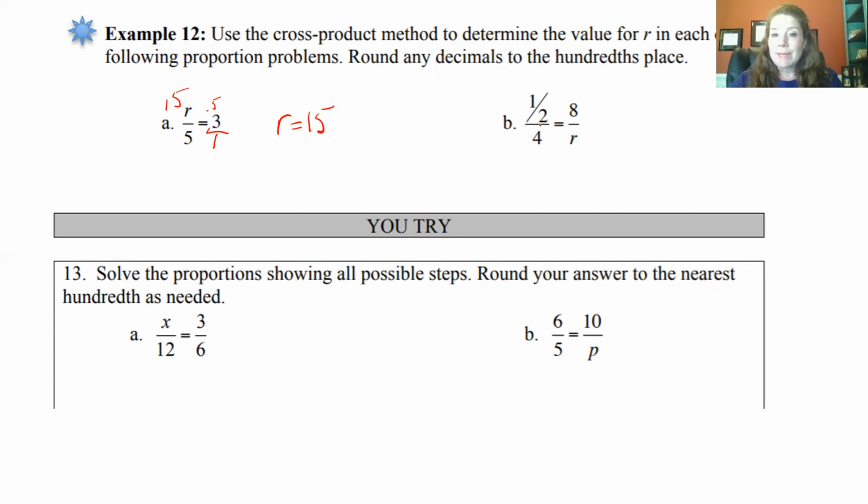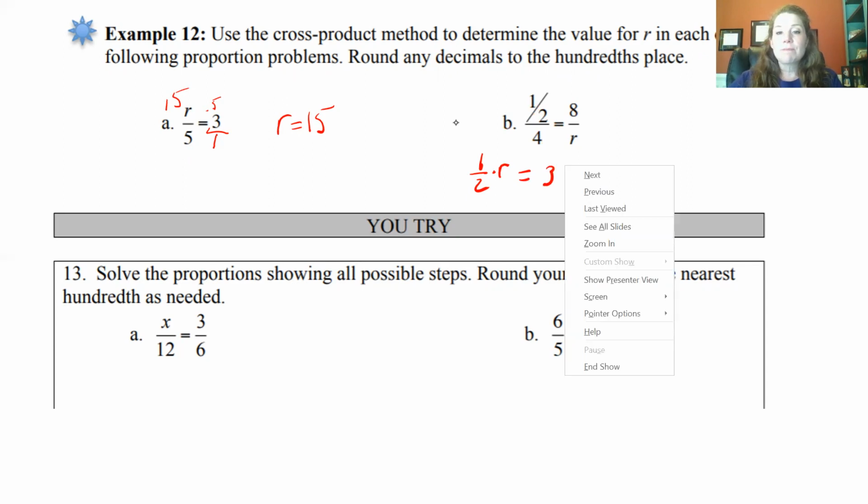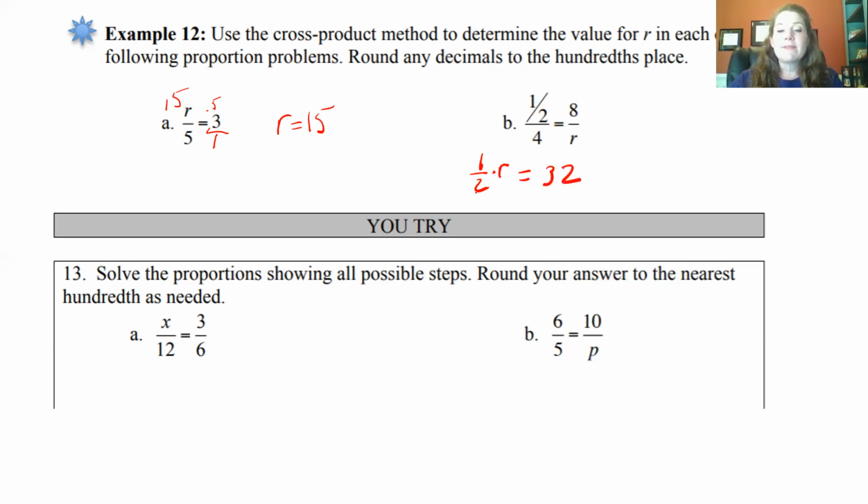Look at letter B. It says that this is a fraction, but we can still multiply. What's 1/2 times r? Well, it's 1/2 r. 1/2 r equals 4 times 8, which is 32. So this is 1/2 times r. So what are we going to divide by?